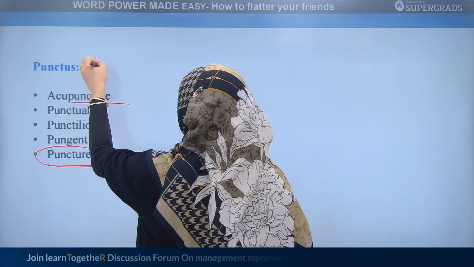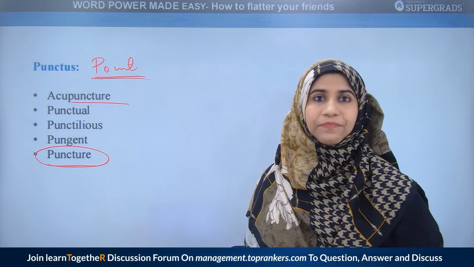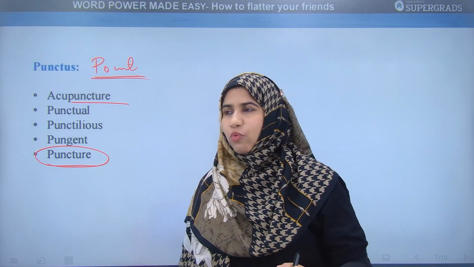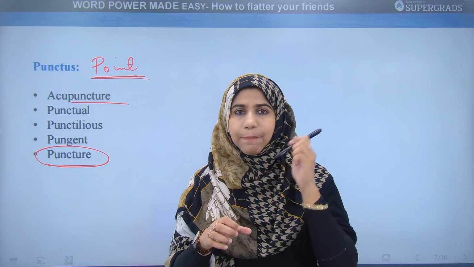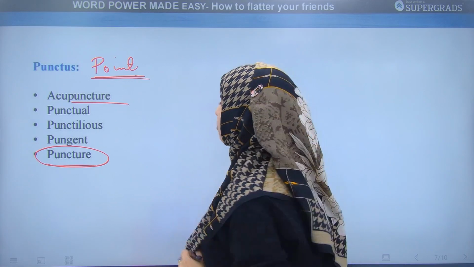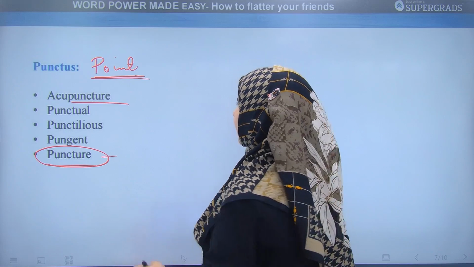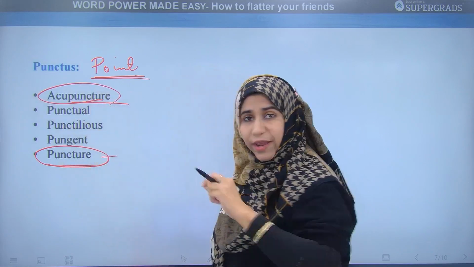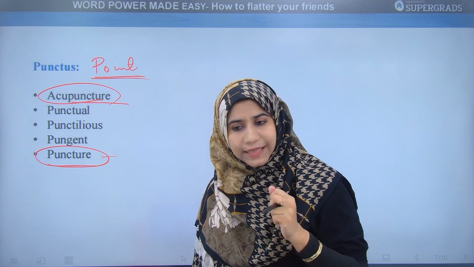Punctus actually means point. So when you puncture something, you put a hole in that point, you prick that, right? So puncturing is pricking holes. Just on the point, acupuncture, there are some points where you have to sharply prick the needle.